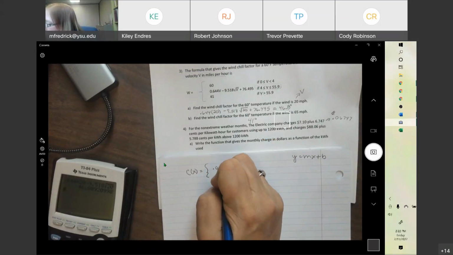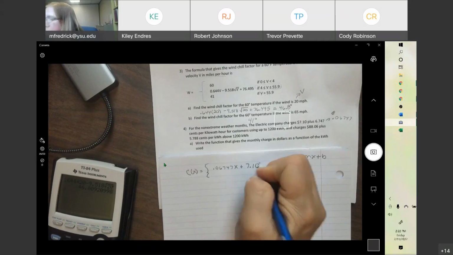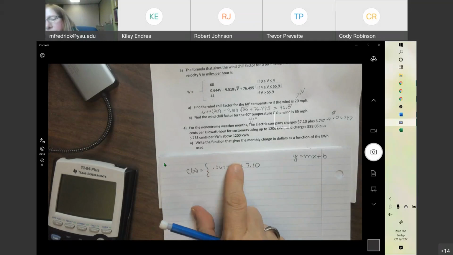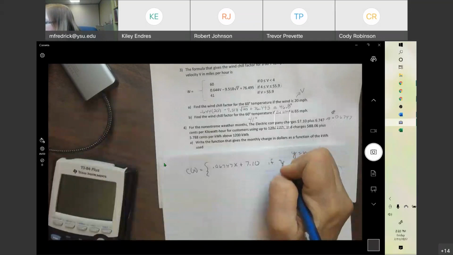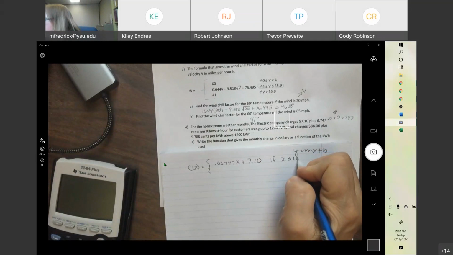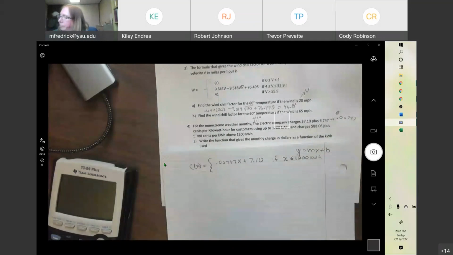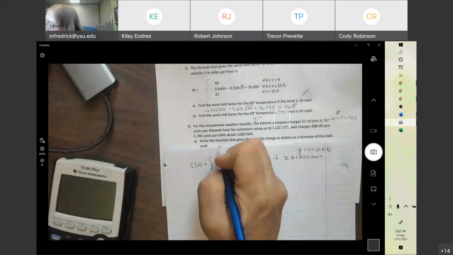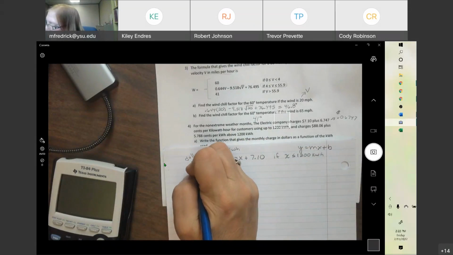That's 0.06747x plus the fixed cost, $7.10. So it's $7.10 plus this change times your kilowatt hours. And that is if x is up to 1,200, so less than or equal to 1,200. X is kilowatt hours and cost is in dollars.